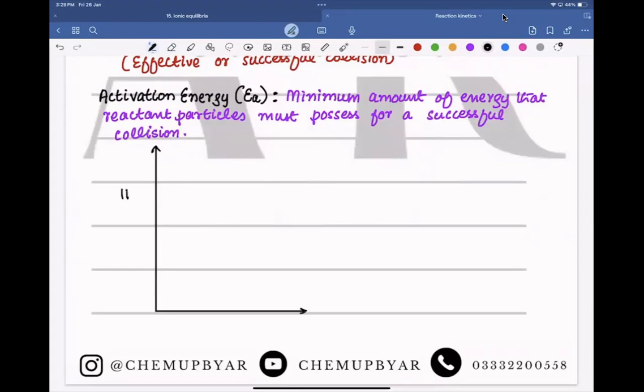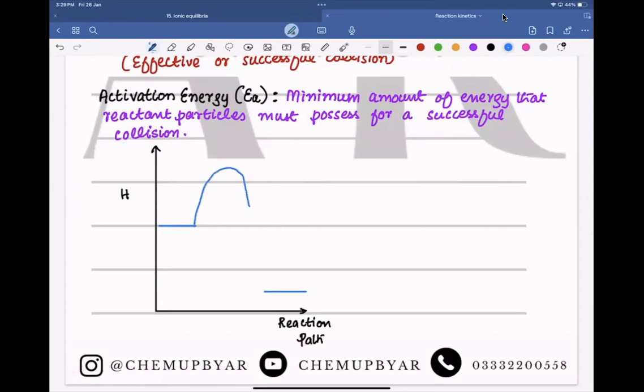Here we have enthalpy on the y-axis, and here we keep reaction path on the x-axis. For example, if the reaction is exothermic, this is the energy of the reactants, and this is the energy of the product.